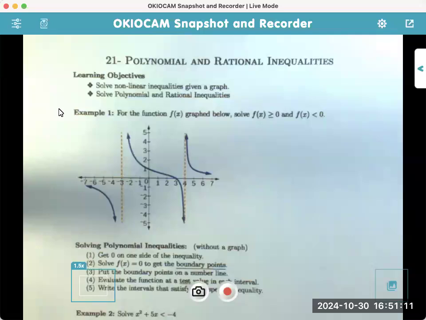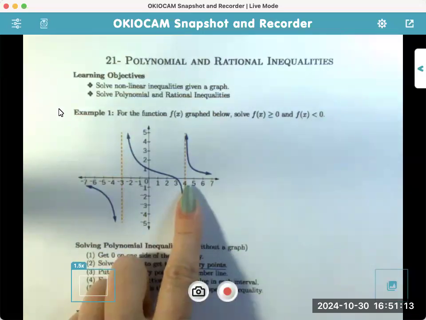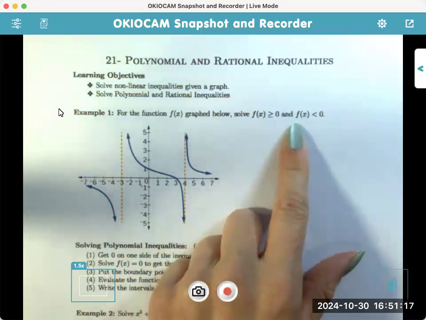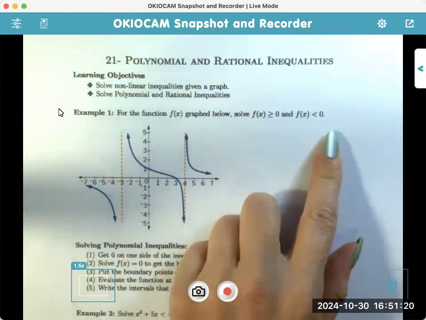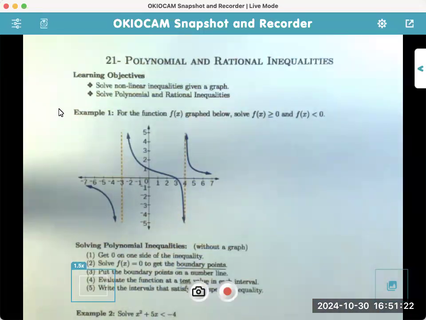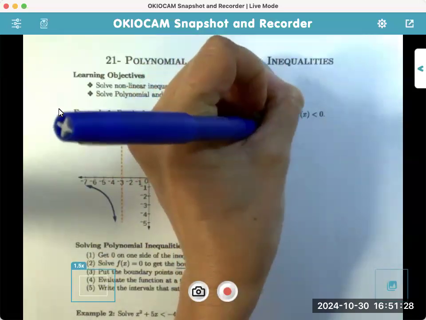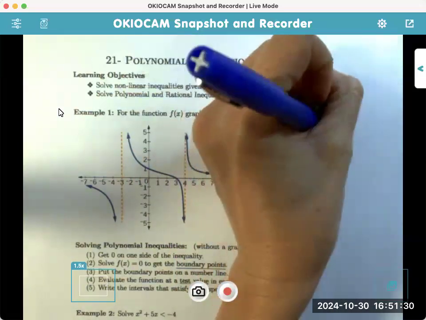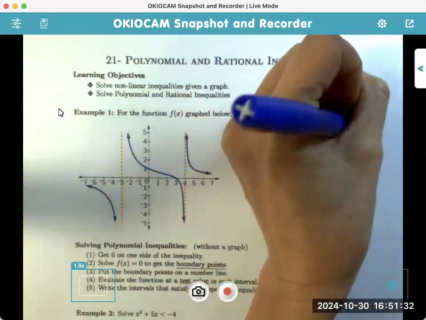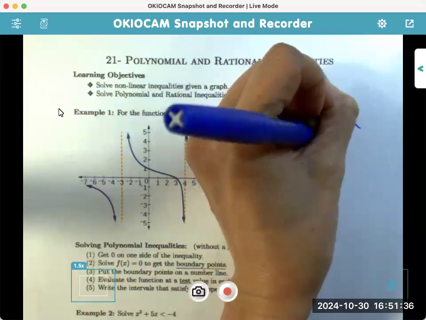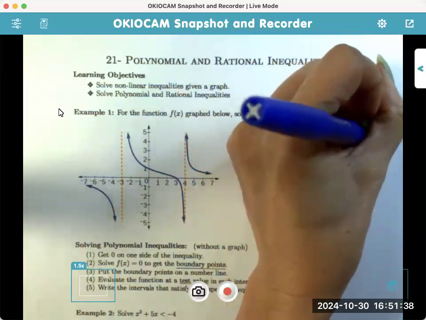so just from their equation. For the function f of x graphed below, solve f of x greater than or equal to 0 and f of x being strictly less than 0. So here we're talking about where are we in relation to the x-axis, basically?